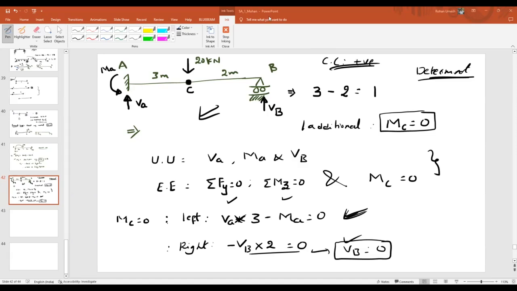How does MC come as equal to zero? Oh, no, that's not an equilibrium equation. That's an additional equation. So take it as an additional equation. Okay, sir.